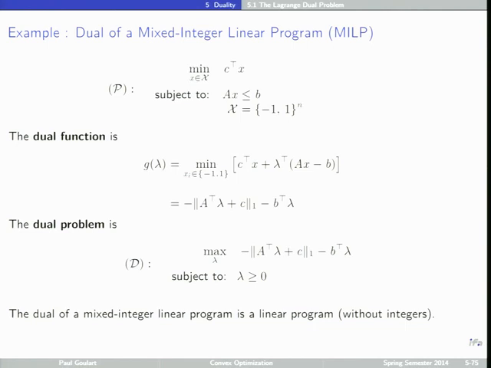I said that the dual problem is always a convex problem, even if the primal one is not. So here I take, again, what looks like a linear program. I call this the primal problem. I minimize c transpose times x, with some inequality. But then I say that the domain of this function is the set of vectors x where each element is either -1 or 1.